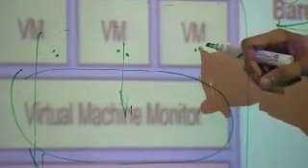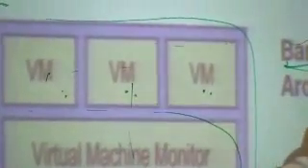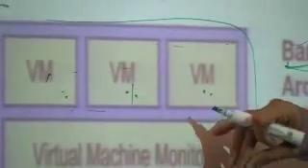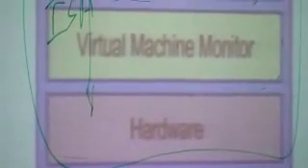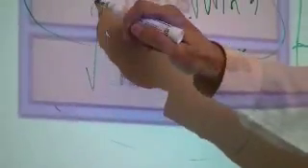Okay, so also, when we talked about the ISA, remember the instruction set architecture, right? All these virtual machines, since they access the underlying hardware directly, have to be compatible with the underlying instruction set architecture. So that's another limitation of bare metal architecture. Because here, as I said, these could be different operating systems, as long as this host operating system can run on the underlying hardware.